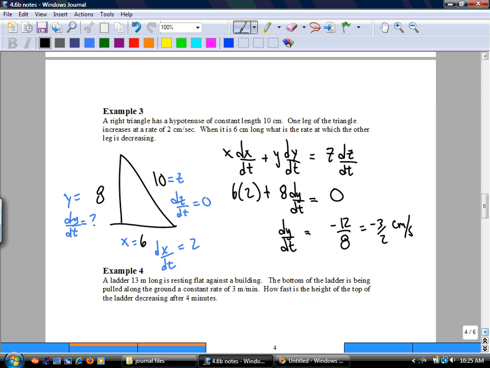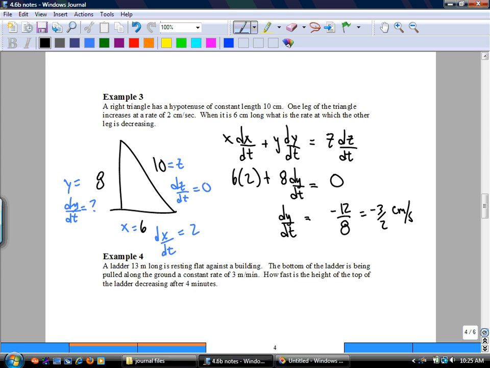Yeah, negative just means it's decreasing. Positive means it's increasing, which makes sense. If the hypotenuse stays the same length and you're increasing the length of one side, the other side has to decrease.